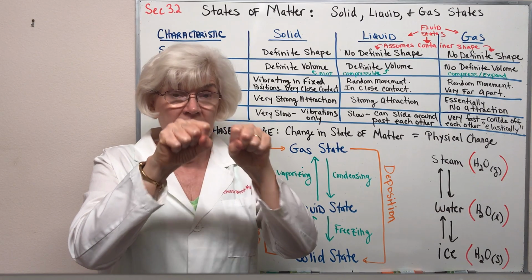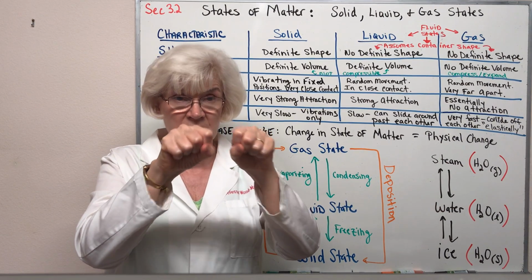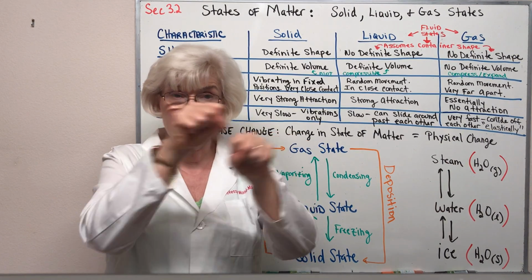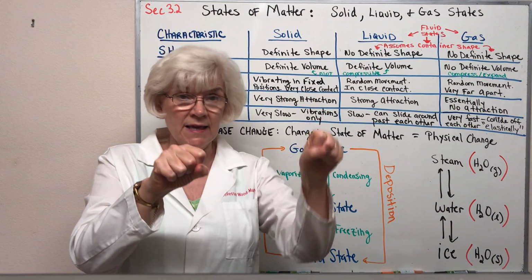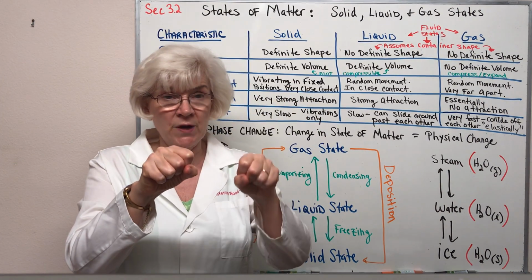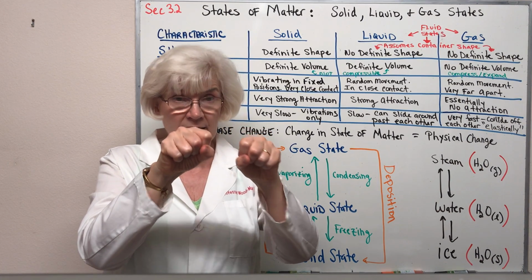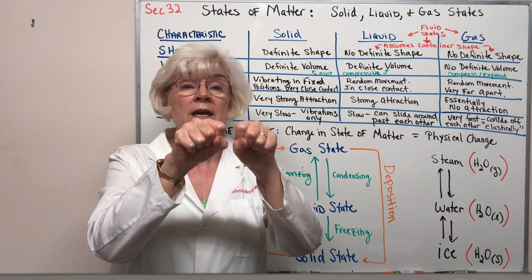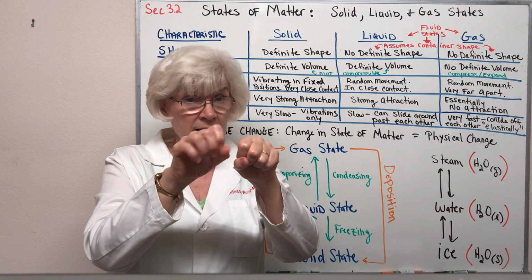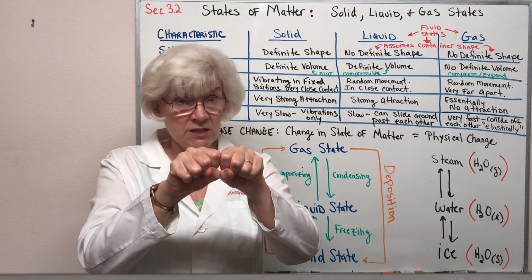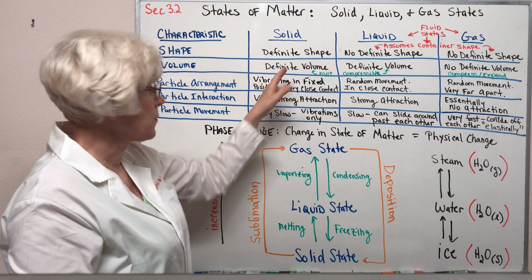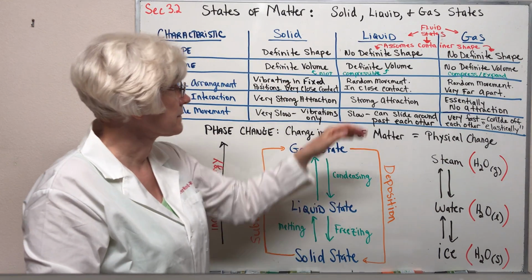They are vibrating only in fixed positions. So they have no translational movement. They cannot move from point A to point B. They're stuck in fixed positions and just vibrating in those fixed positions, very close together. Essentially no empty space, which explains why they have a definite volume.